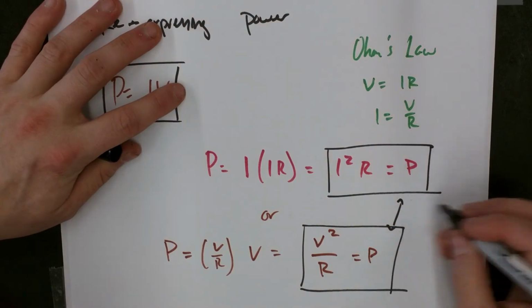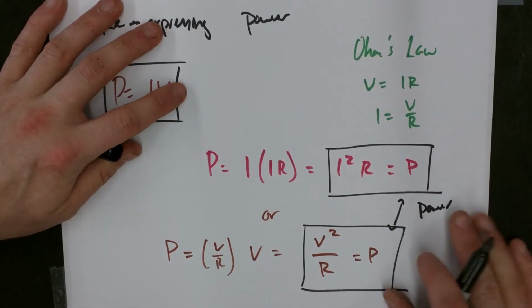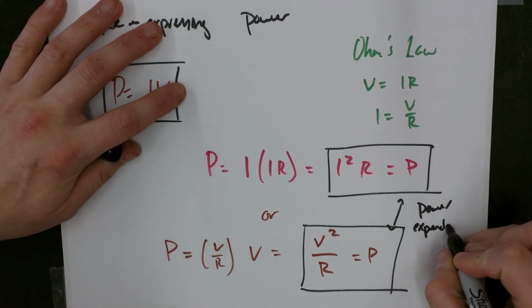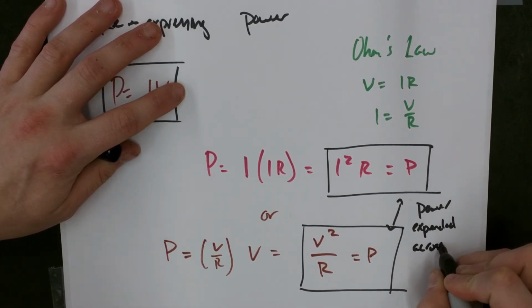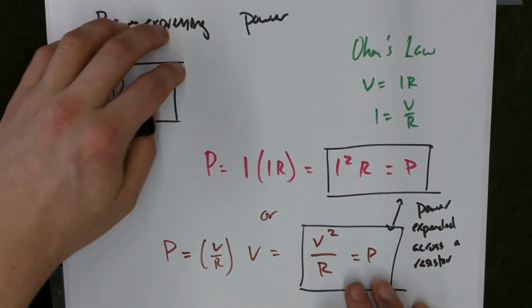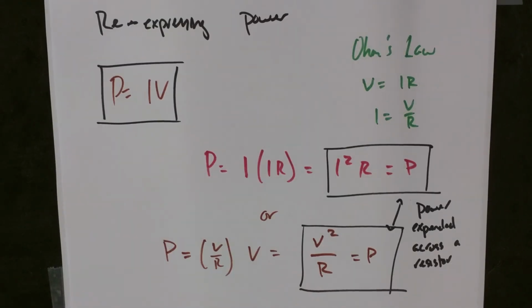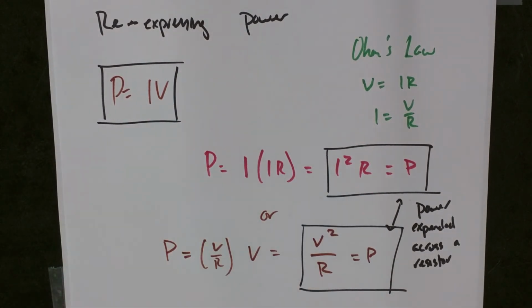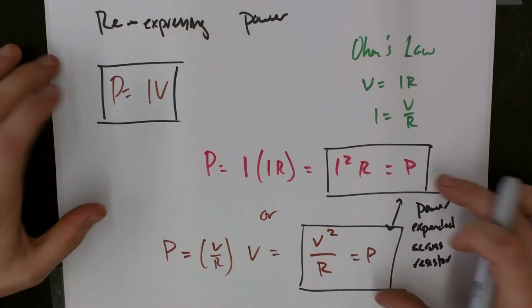This is specifically power that's expended across a resistor. And depending on the given variables that you know, you could solve for a given power choosing these equations. I wouldn't recommend memorizing all of these three.